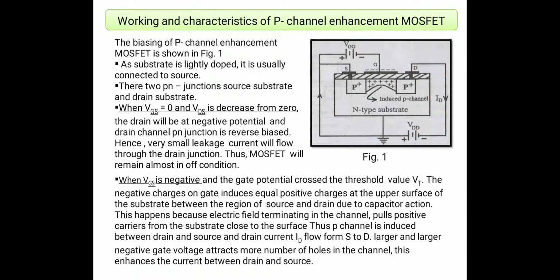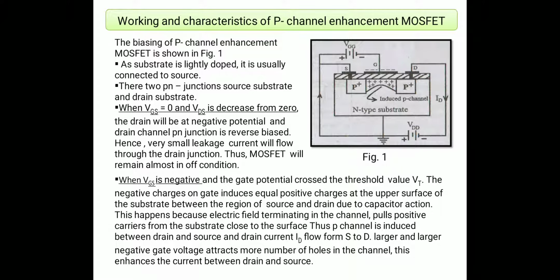Now when negative potential is applied to the gate, that is VGS negative, and when this negative gate voltage is equal to or greater than the threshold voltage represented by VT, then the negative charges on the gate will induce equal positive charges below the SiO2 layer on the upper surface of the substrate between drain and source, due to capacitive action of gate and upper surface of the substrate.